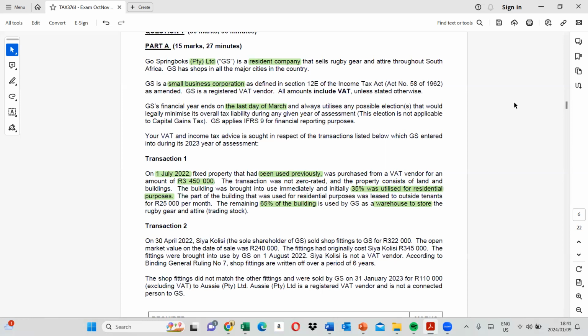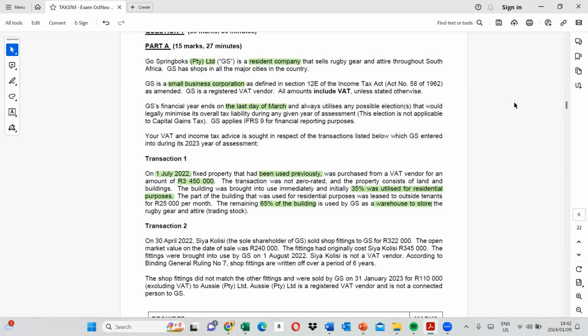Now, residential buildings, in terms of the VAT rules, are actually exempt from VAT. I hope you know that, or you pay attention to that.